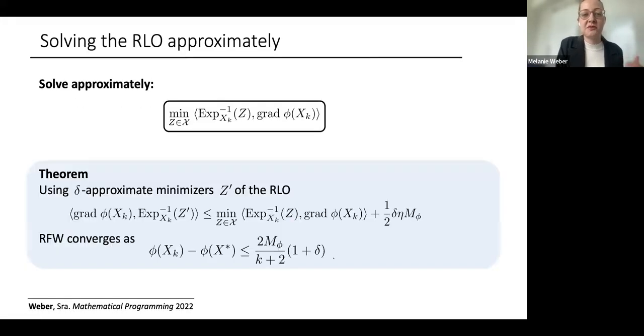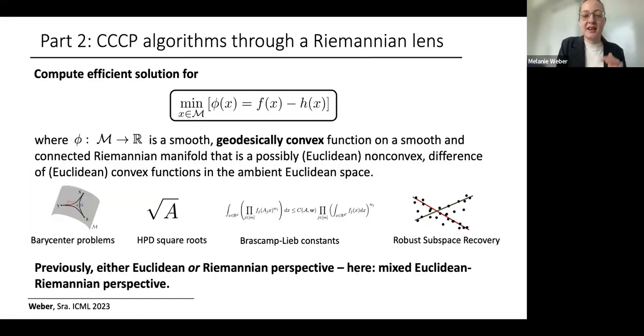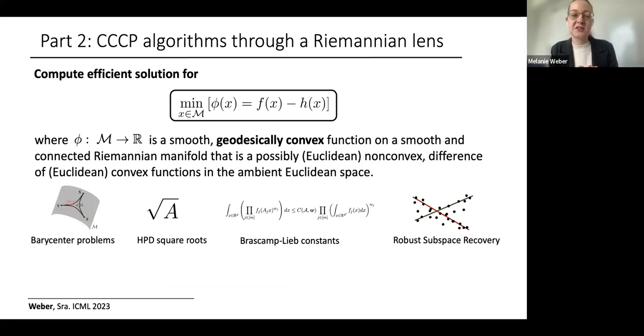Now, in the second part of the talk, we are specifically looking at geodesically convex functions and functions with a very specific structure, namely functions that can be written as a difference of Euclidean convex functions. So the components f and h are Euclidean convex. Of course, the difference of two convex functions is not necessarily convex. So in interesting instances of this problem, we have a Euclidean non-convex objective.